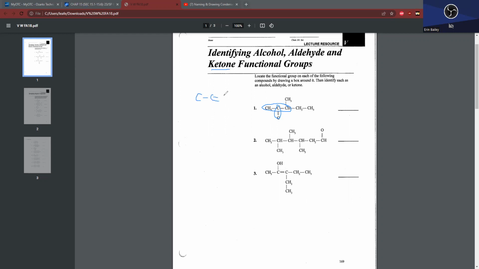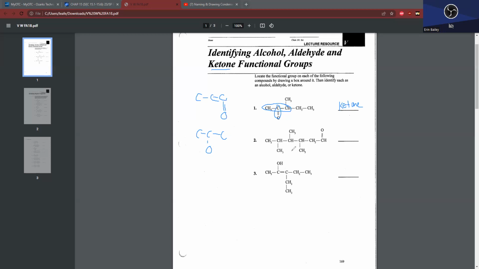It's always going to have three carbons, and one of these carbons is going to have an oxygen double bonded to it. It has to have the oxygen double bonded. If it just had an O connected to it, that would not be ketone. It has to have the double bond. And so I'm going to put ketone here, and we're going to move on to the next one.